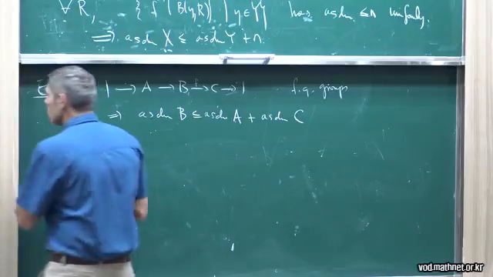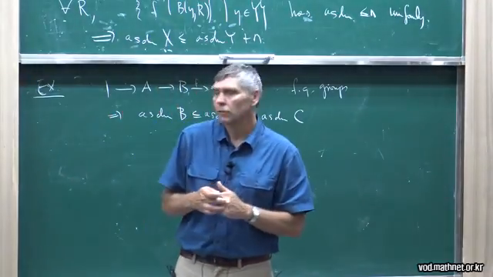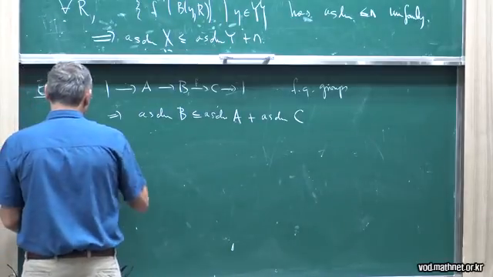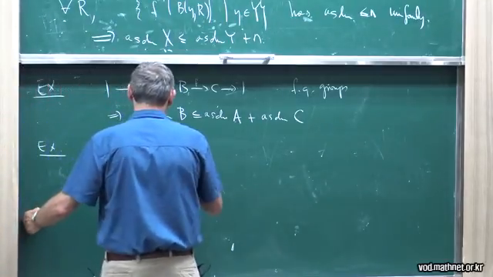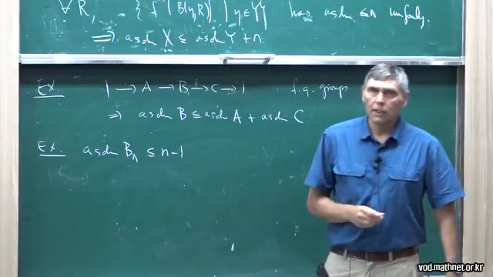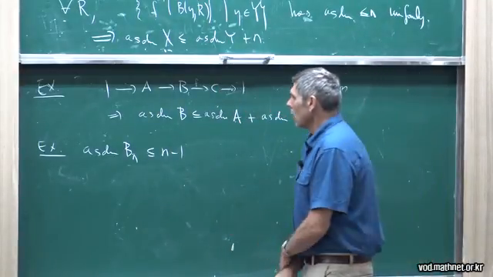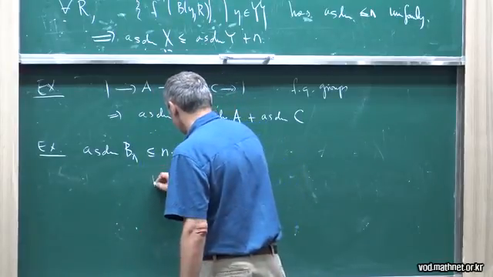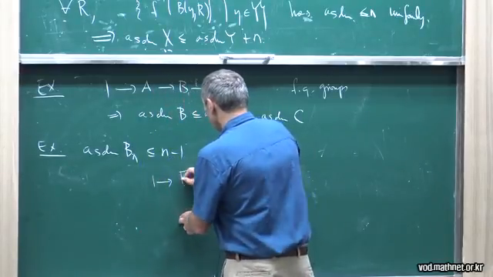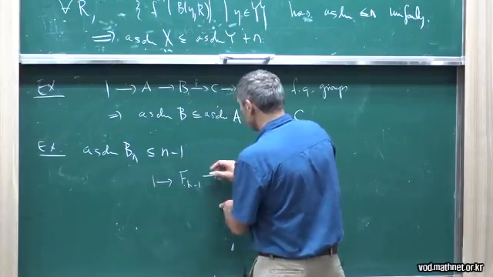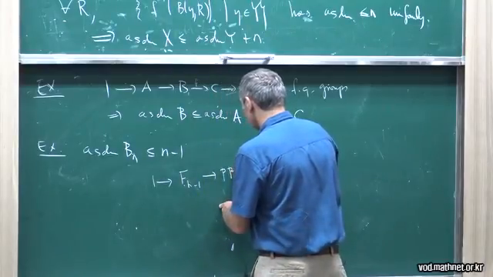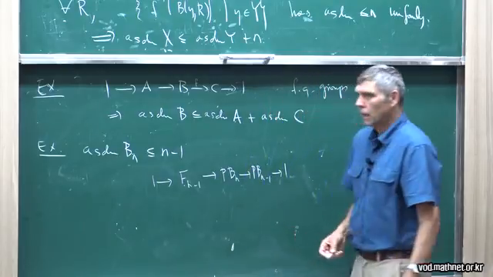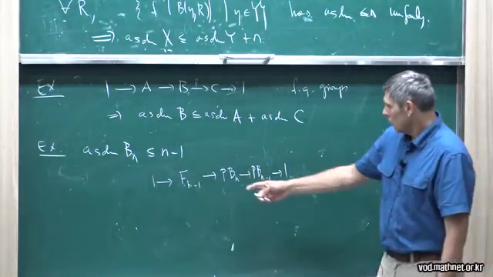So in particular, for instance, for those of you who are familiar with braid groups, the asymptotic dimension of a braid group B_n is less than or equal to n minus 1. How do you see that? Well, there's a short exact sequence like this, where you have to replace the braid group by the pure braid group, which has finite index inside, by pulling out one of the strands.